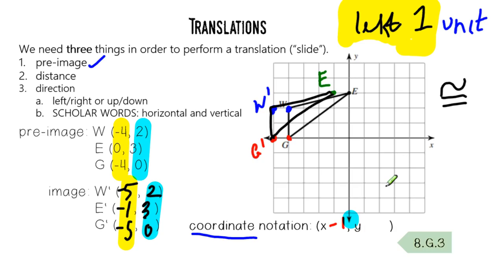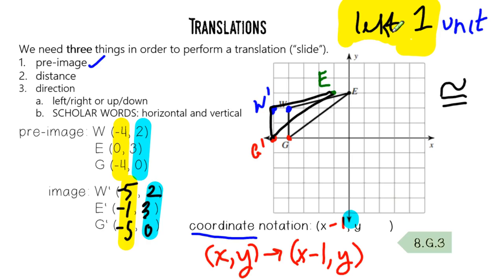So let's go ahead and write in coordinate notation what is happening here. I started with x comma y, all my original points, and here's how they have changed. The x's have decreased by 1. That means horizontally I have moved 1 to the left, comma, y.